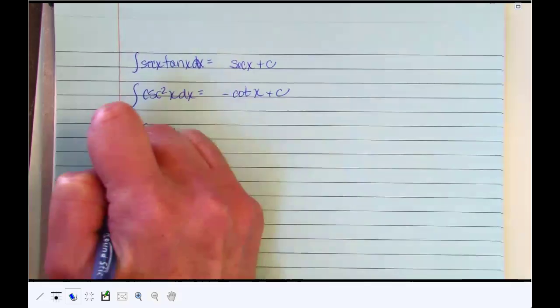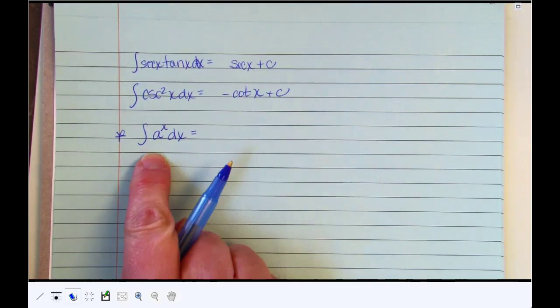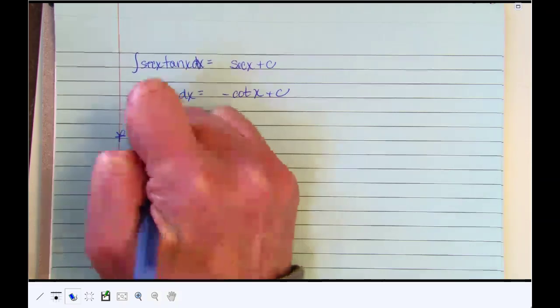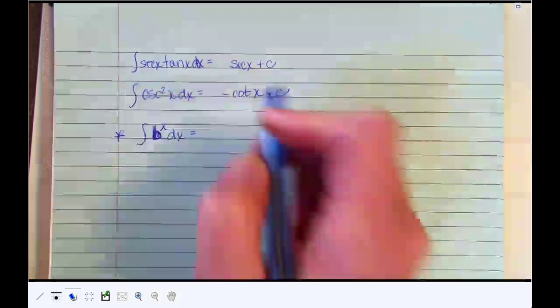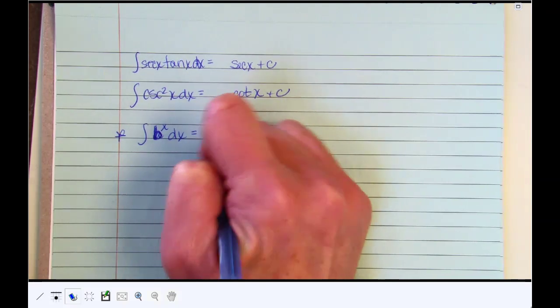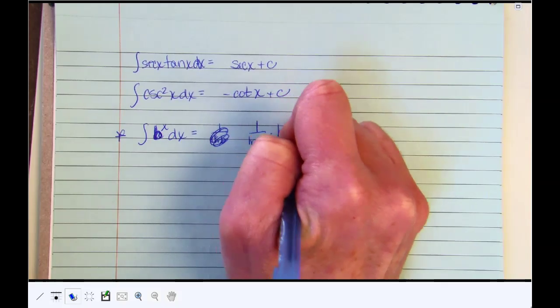Okay, listen to me, please. This one you should write down. This is the integral of any exponential function. I'm pretty sure we have b in our notes for b to the x. Yeah. Okay, so we'll go b. It is 1 over natural log b. Shoot, that's ugly. Natural log b times b to the x plus c.